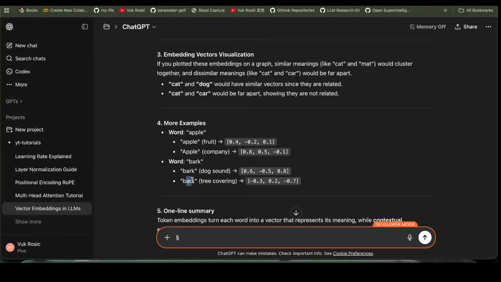If we have the exact same token, then they would share the same embedding. So depending on the LLM, it could happen that this bark embedding would encode the meaning of both the dog sound and the tree covering, because this embedding can encode any arbitrary meaning.